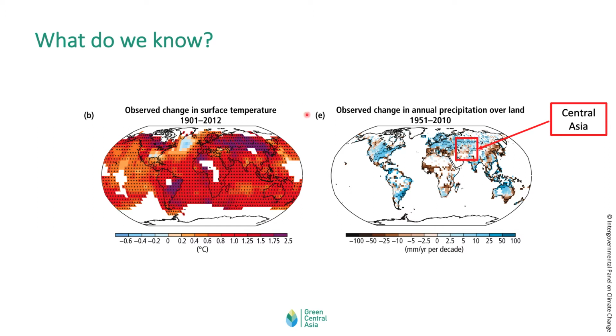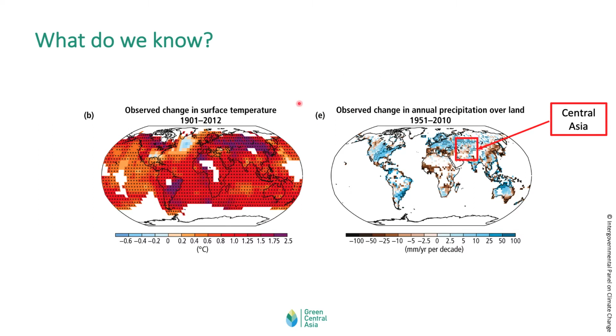On the other hand, that would also have a feedback on atmospheric precipitation. You see, for example, in Central Asia, some parts of Central Asia and the Middle East and even the monsoon area are receiving less precipitation, and some parts more precipitation.